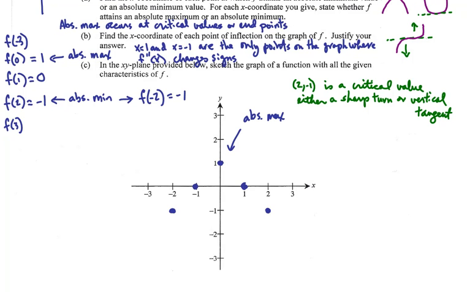From this point, all I need to do is find out what is happening between 0 and 1, 1 and 2, and 2 and 3, those three intervals, and then reflect those over the y-axis, and I'll be done. So I'm going to go back up to look at the table for just a second.